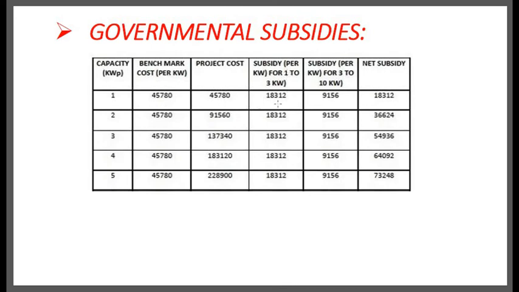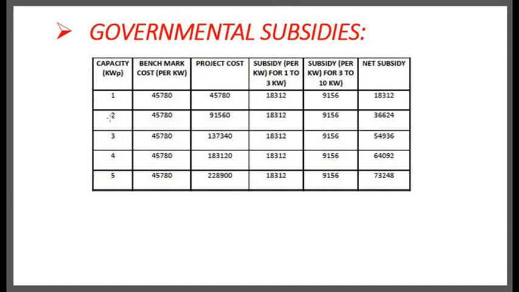Now the subsidy received from the government is 18,312 rupees, whether it is in the range of 1 to 3 kilowatt, and for 3 to 10 kilowatt it is only 9156 rupees. So for 1 kilowatt the total net subsidy is 18,312 rupees.